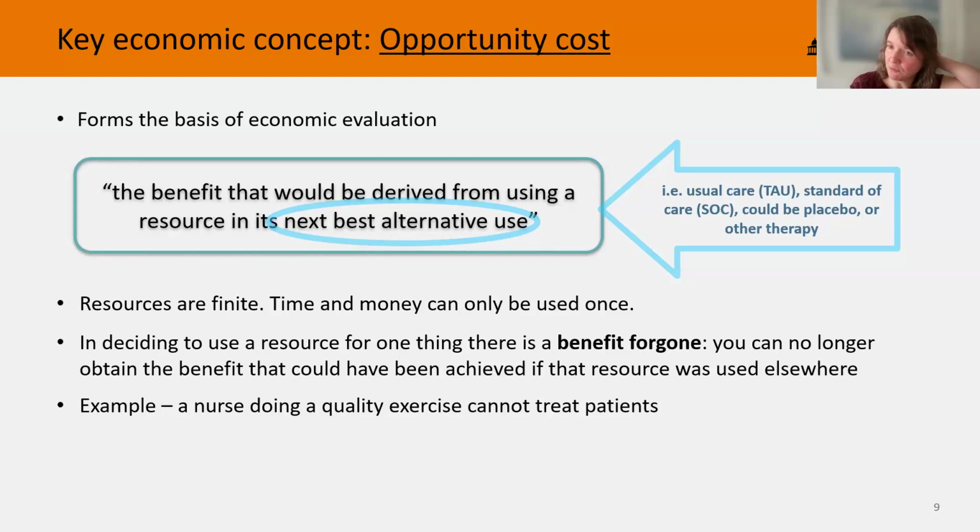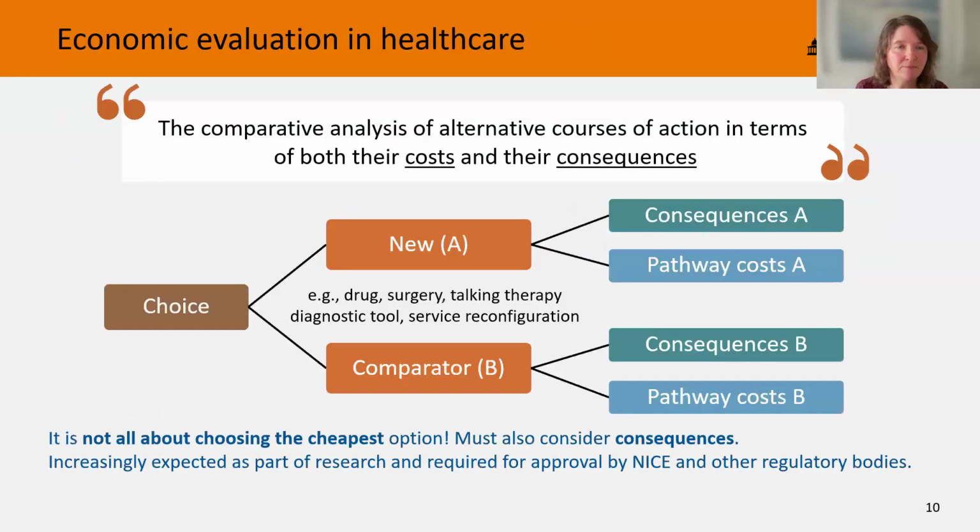So the opportunity cost of me choosing toast is the benefit that I would have derived from having pita bread. So that's the definition of opportunity cost. And it's very important in terms of thinking about how to calculate the costs section of the economic evaluation. Right. Okay, let's carry on.